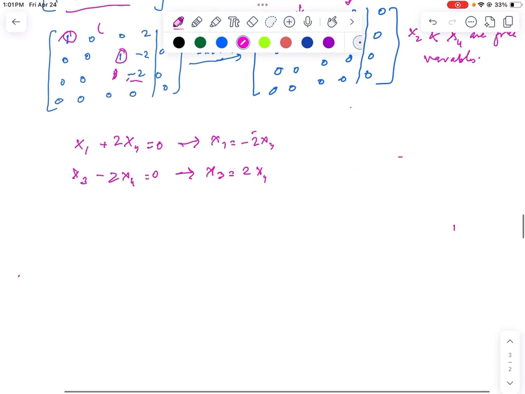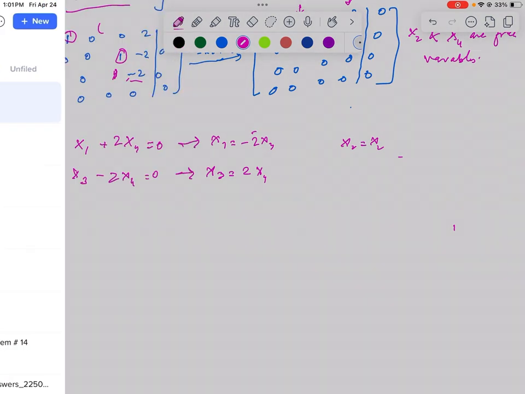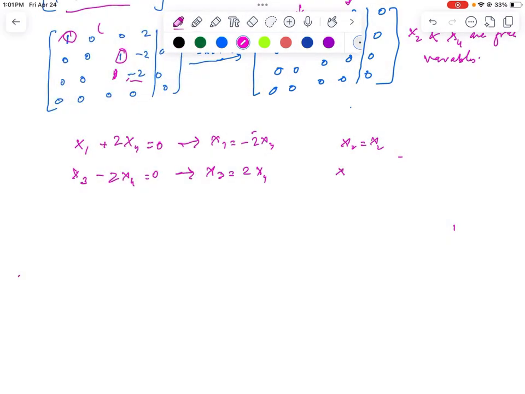What is x2? Well, x2 is just x2, and x4 is x4. If you want to write in terms of x2 and x4, you can go ahead, but I prefer giving them different names. So x2 is equal to s and x4 equals t.